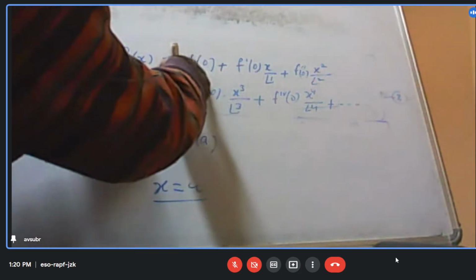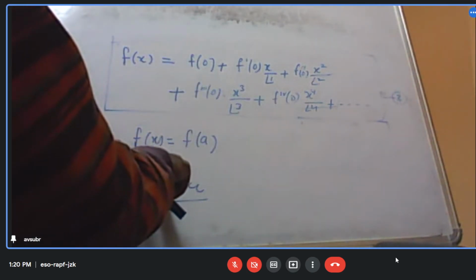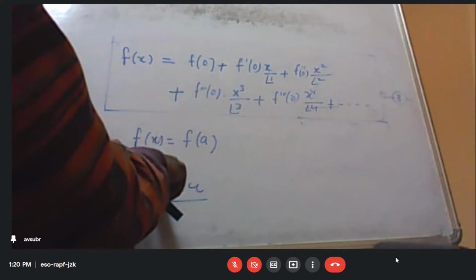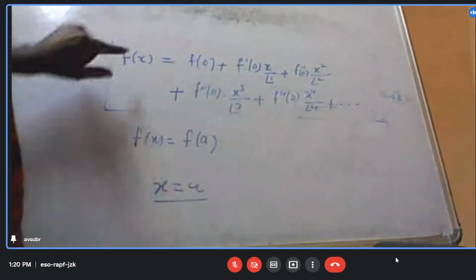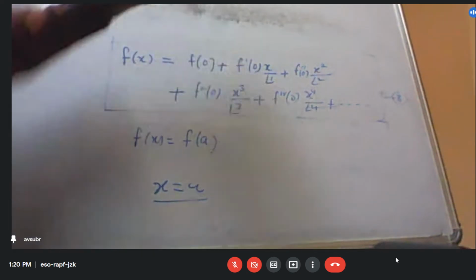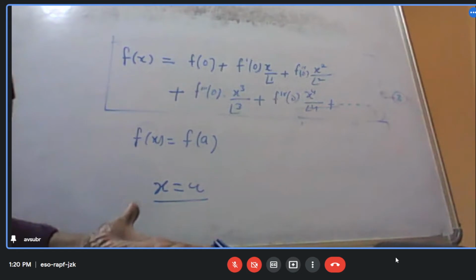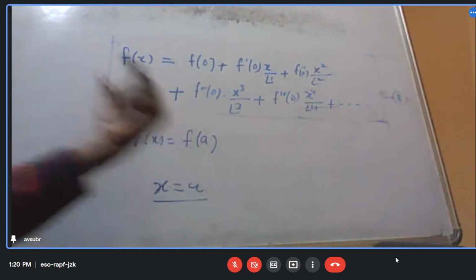Earlier they were matching at x equal to 0, now they will match at x equal to a. Because if I put x equal to 0 over here, this will be f at x equal to 0, left hand side and right hand side both are equal. Both are matching. So now here they will match at x equal to a.